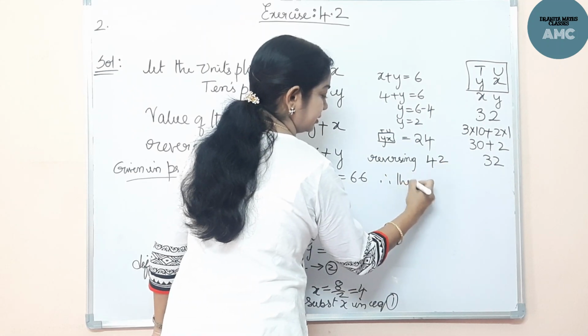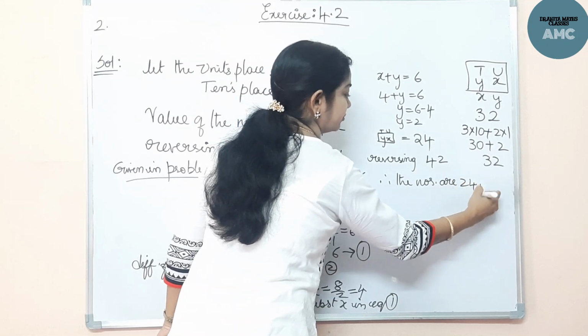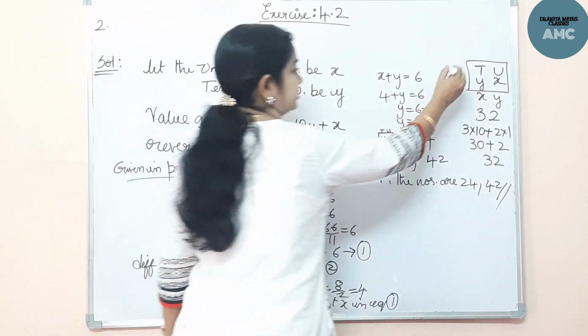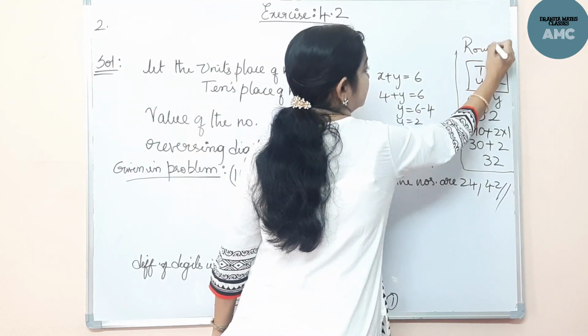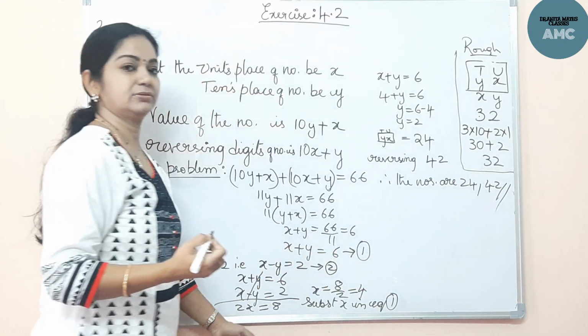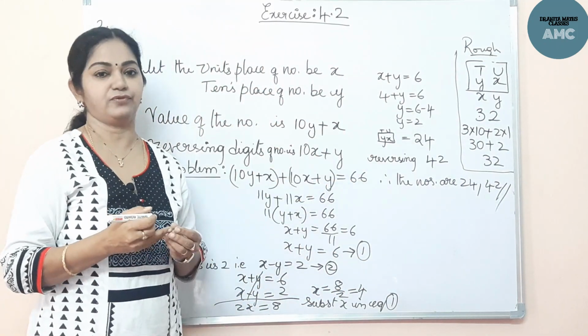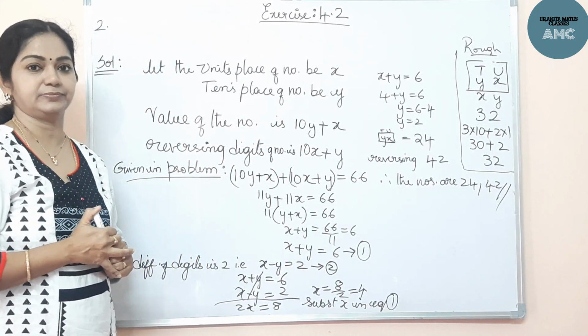Therefore, the numbers are 24, 42. Like this we found out. This is the rough part. So the two-digit numbers are 24, and if you reverse it, it is 42. Like this we will be finding through the elimination method.